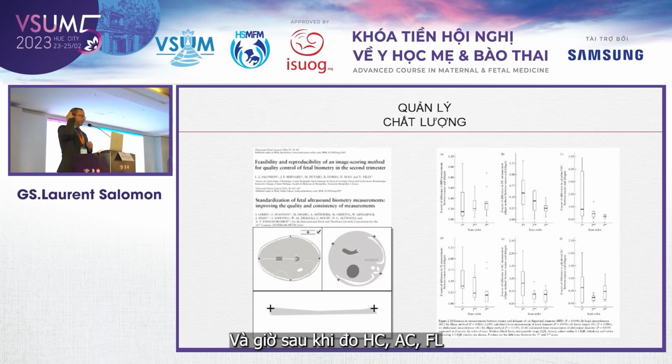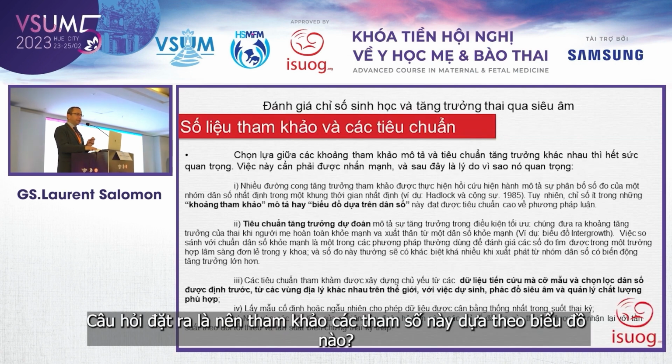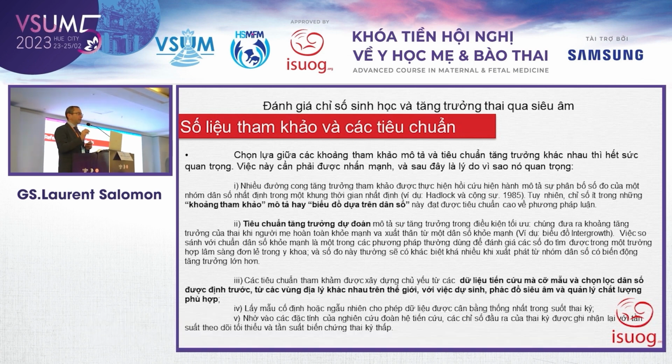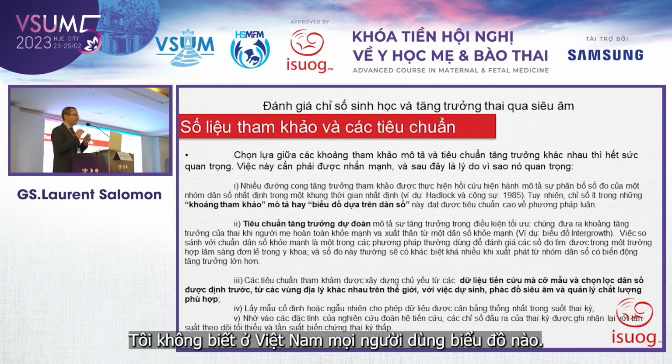So now that you've measured HC, AC, femur length, maybe you have computed estimated fetal weight, the big question is on which chart should you report these measurements. I don't know if there is in Vietnam a consensus on the chart you should be using.